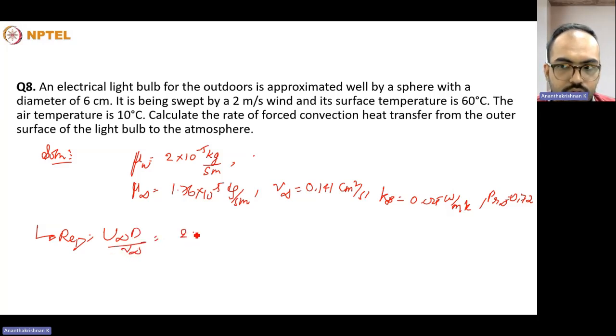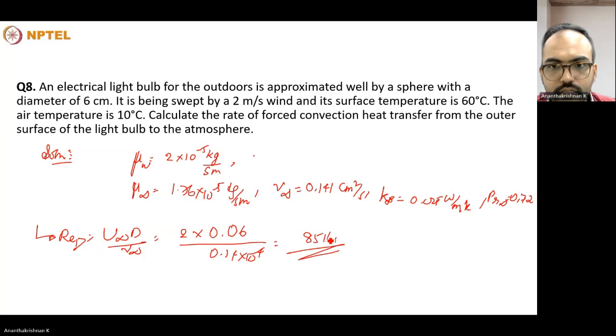That is, u infinity is 2, this is 0.06, that is 6 centimeter, the characteristic length, and nu infinity is 0.141 into 10 power minus 4. So the Reynolds number is 8511.